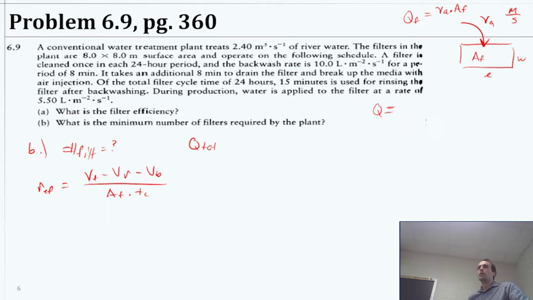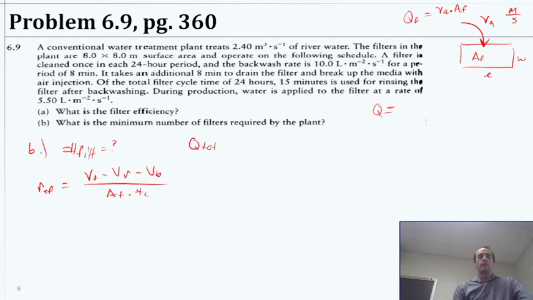That accounts for the water lost from using some of that produced water for these other things, and it accounts for the total cycle time. If we let the filter sit there for days and days without using it and just operate it one day of the week, then that's a very large denominator. So we're really not having a high effective loading rate given the total cycle. Does that make sense? So that time is really important there.